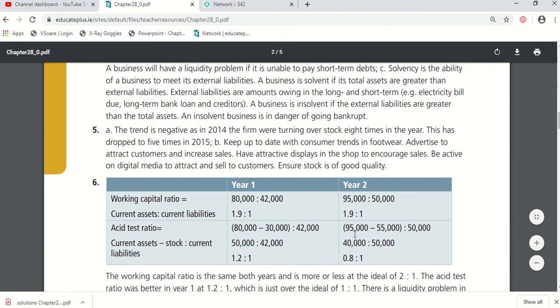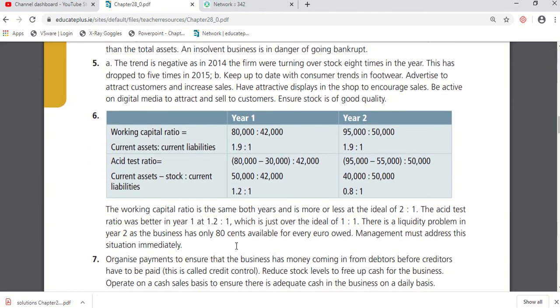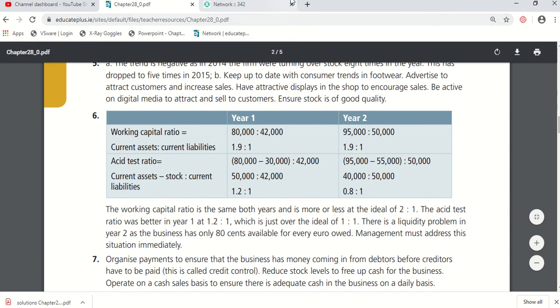So what's happening here? Are debtors not paying back? If not, why don't you have enough money in the bank or the business and cash at hand? So mention all those figures. Comment on the ideals, what that means and what they can do to address it. So I put up these solutions, and you can check off your answers with that.